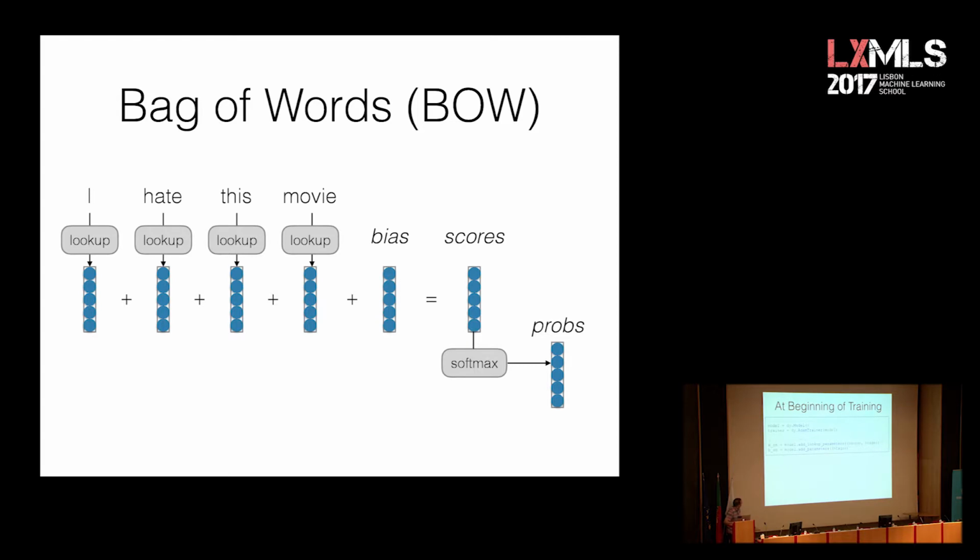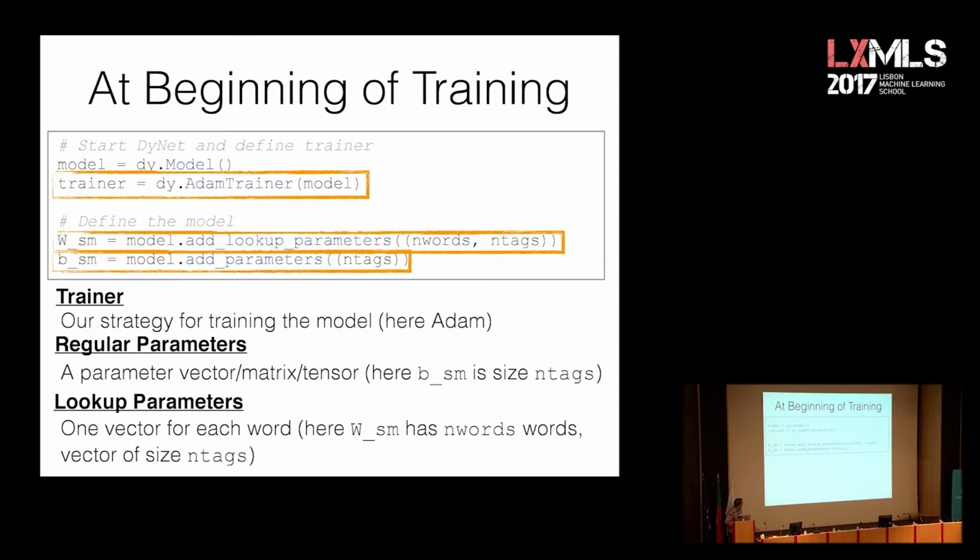To implement this in DyNet takes about 30 lines of code, plus or minus a few for reading in your data. At the beginning of training, we start DyNet and define a model. This is where we'll be storing our parameters.